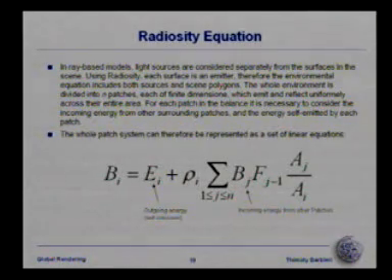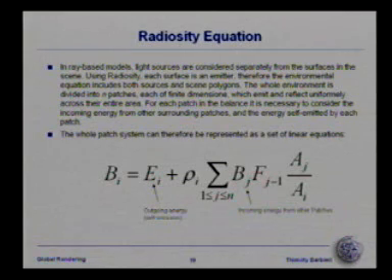So the radiosity, the energy per time per surface, is given by the energy I create from myself, because, for example, I am a lamp emitting with incandescence, plus the energy that I receive from the others. For example, if you are standing somewhere on this floor, you can look at this patch.